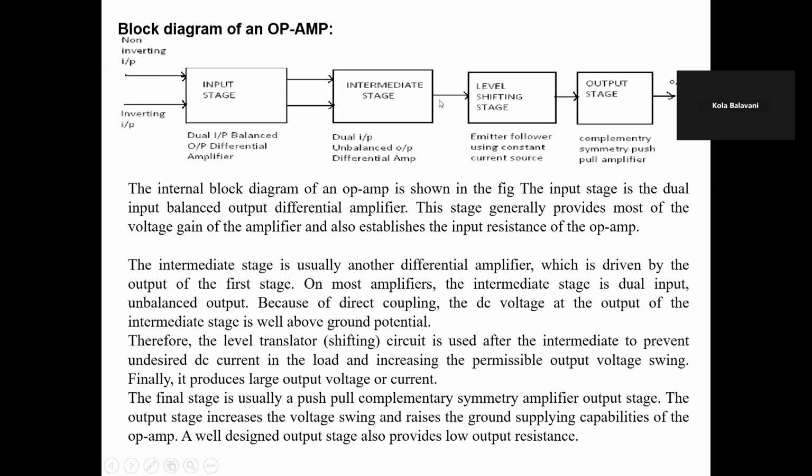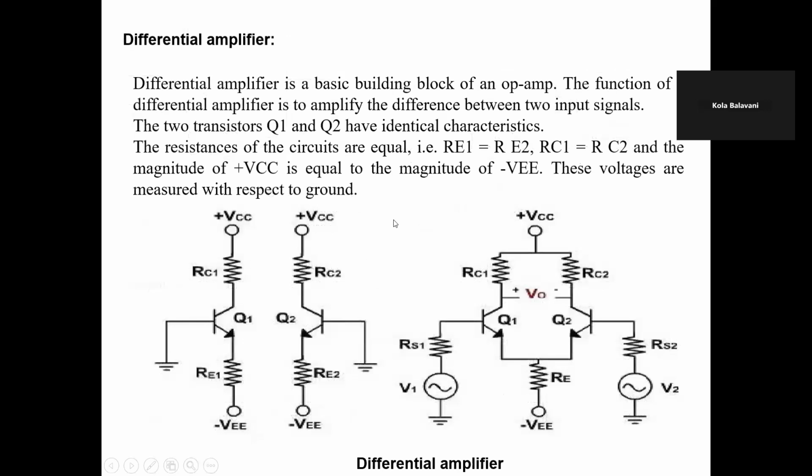The intermediate stage accepts input from two terminals, but the output is only a single one. And this is given to the level shifting stage. For this level shifting stage, we are using the emitter follower circuit. And finally, to increase the voltage levels, we are using the complementary symmetry push-pull amplifier. Yes, this is about the block diagram of operational amplifier.